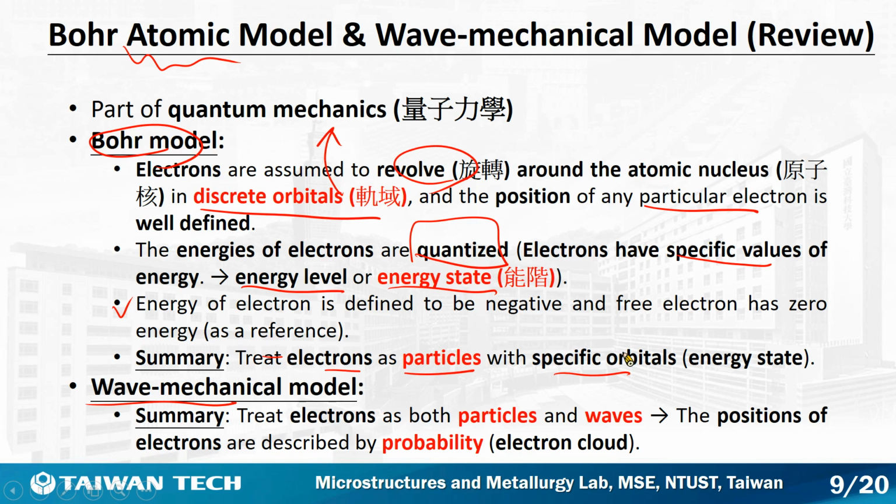However, the wave mechanical model treats electrons as both particle and wave. That's the dual wave-particle character. Okay, so the position of electrons is described by probability because we consider it as a wave. So you will have an electron cloud.